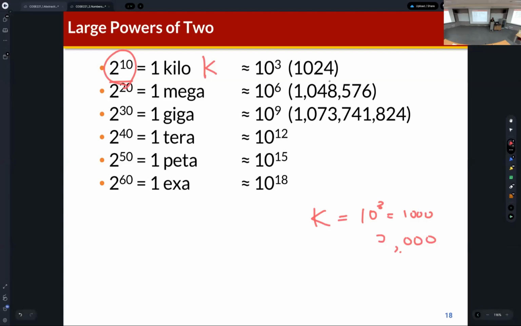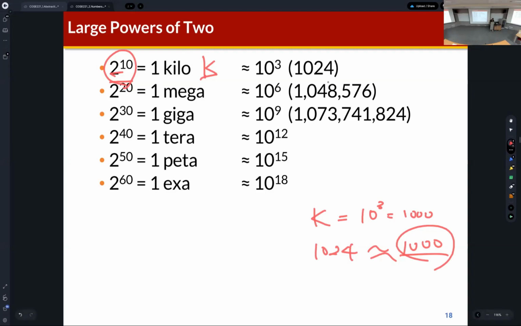That's why we use it in the decimal number system for every 3 digits. But in the digital world, digital systems use binary numbers. Then kilo means 2 to the power of 10, because 1024 is very similar to 1000, right? That's why we use 2 to the 10 as kilo.